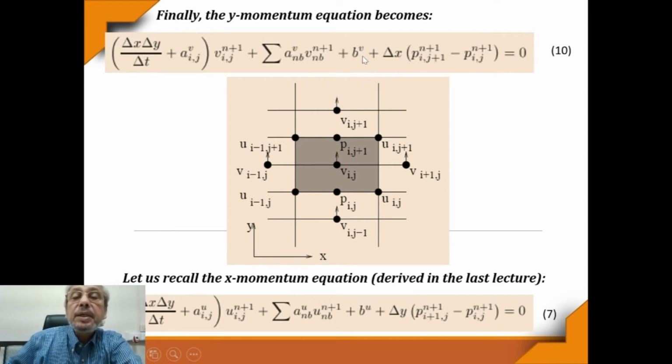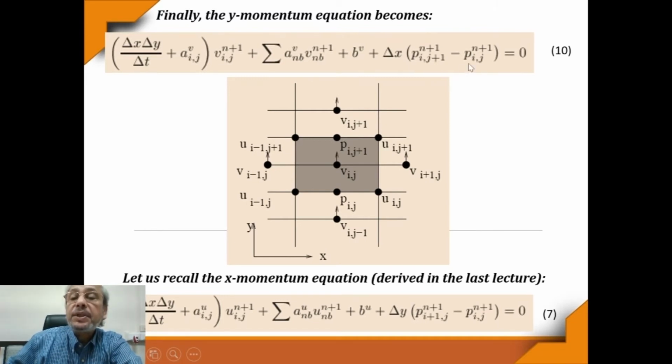Again, this term will be, if we follow what we did in the x momentum equation, delta x into delta y multiplied by Vij at nth level divided by delta t.